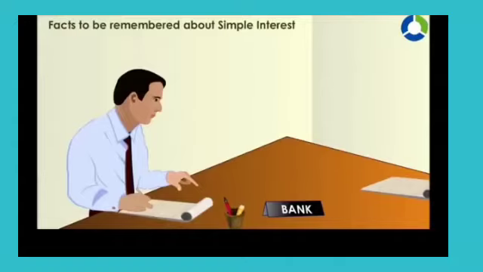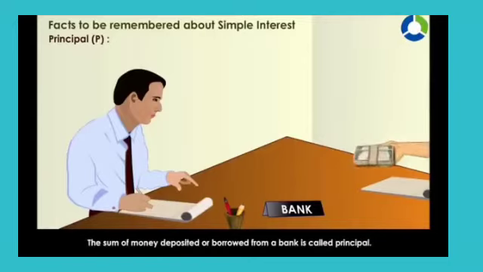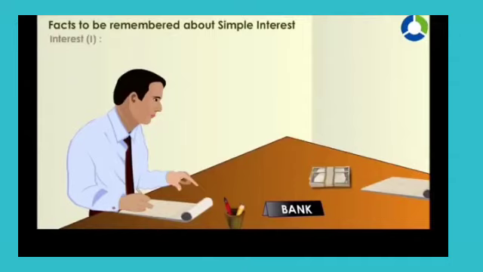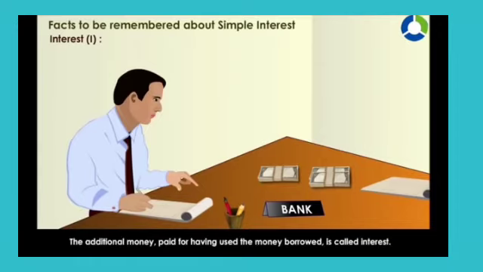Facts to be remembered about simple interest. Principal P. The sum of money deposited or borrowed from a bank is called principal. Interest I. The additional money paid for having used the money borrowed is called interest.